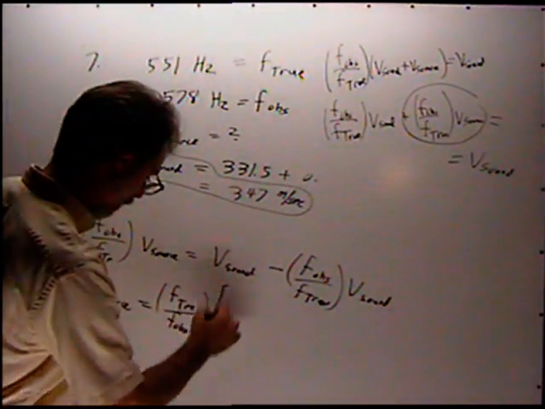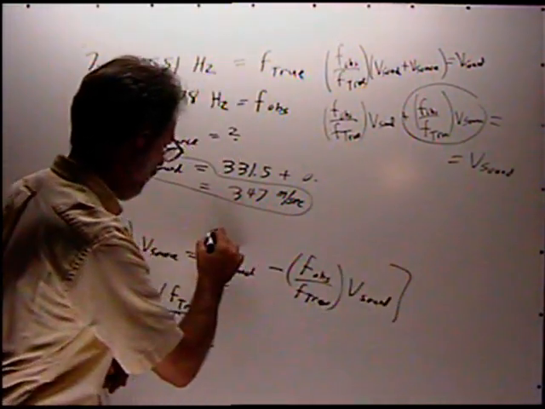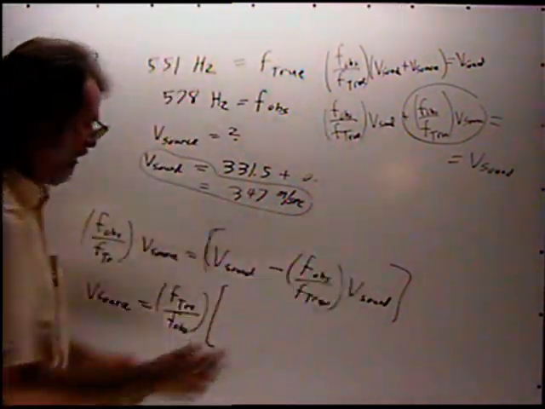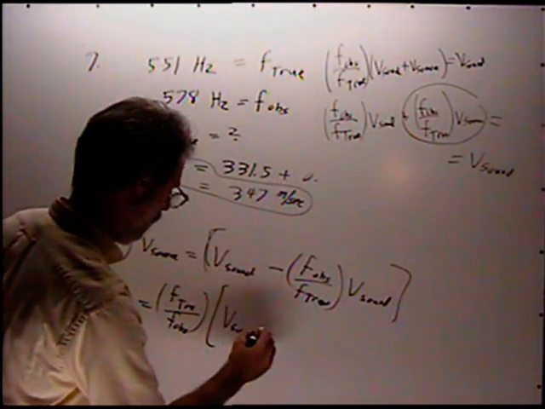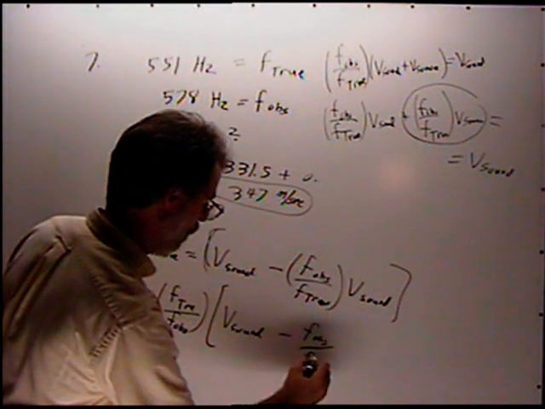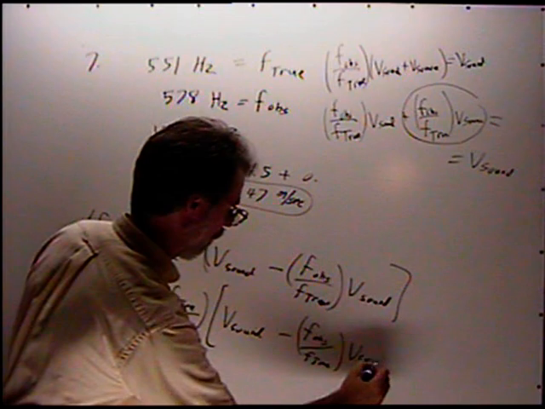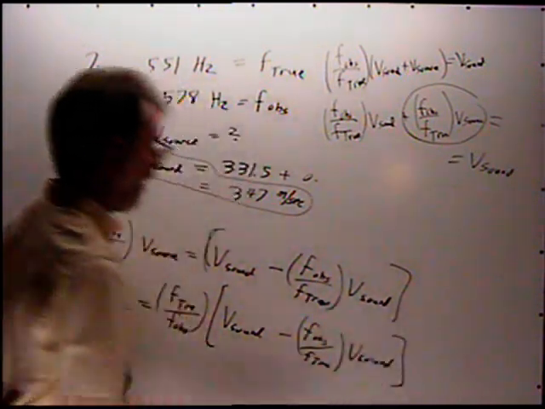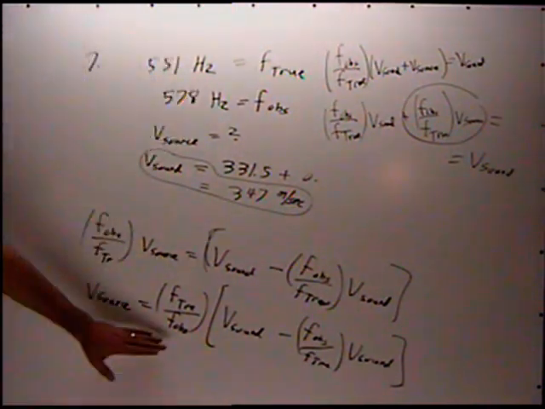Remember, I have to multiply by the whole right-hand side. The whole right-hand side is V sound minus F observed over F true times V sound. Looks a little complicated, but I hope you can see all of this.